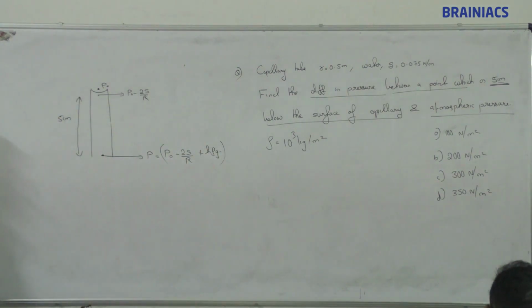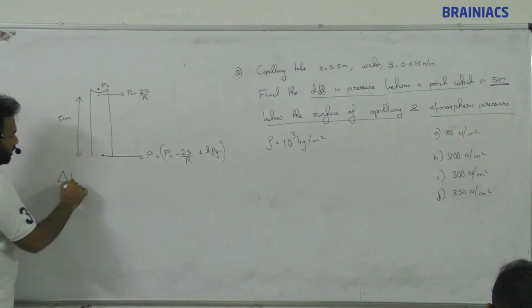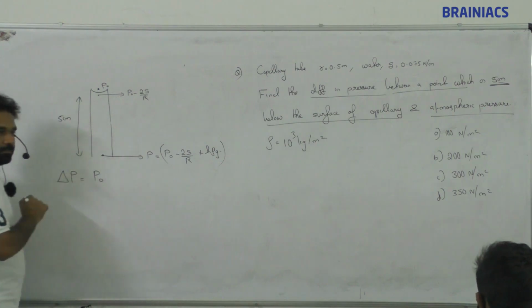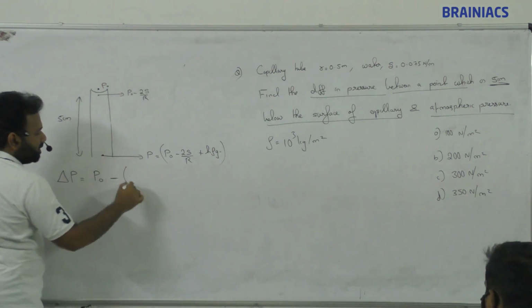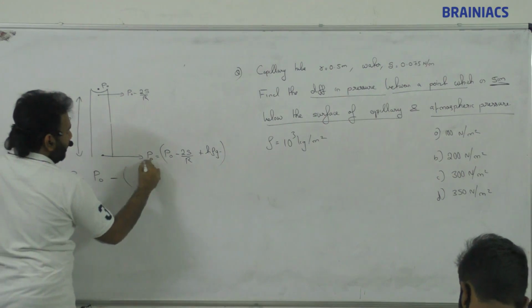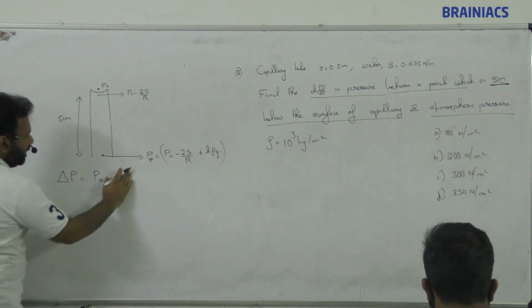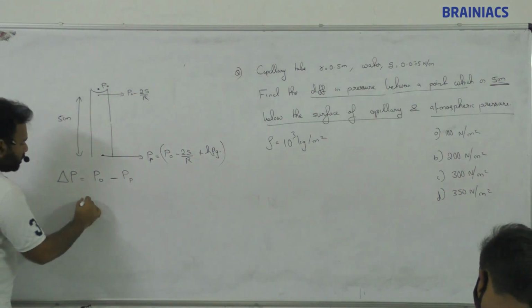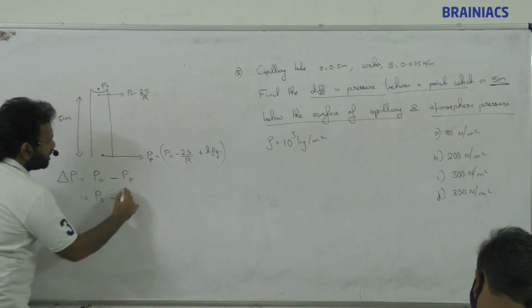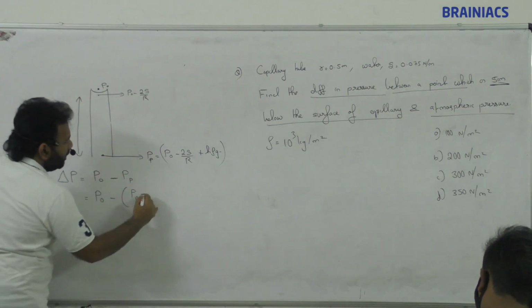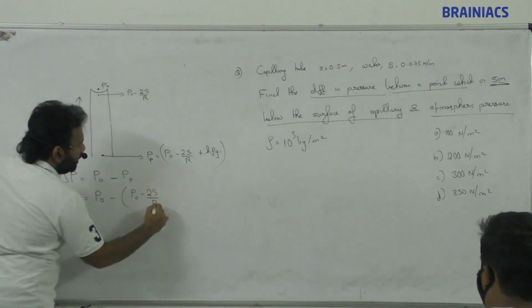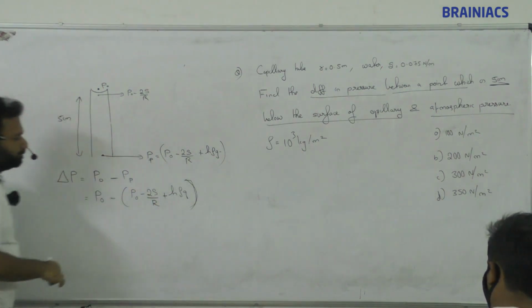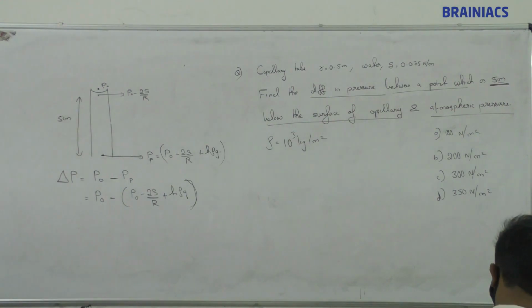What they are asking? Pressure difference. Pressure difference between what and what? Between atmospheric pressure and the pressure at this point, correct? So this is P0 minus the pressure at that point, that is P0 minus 2s by r plus h rho g.